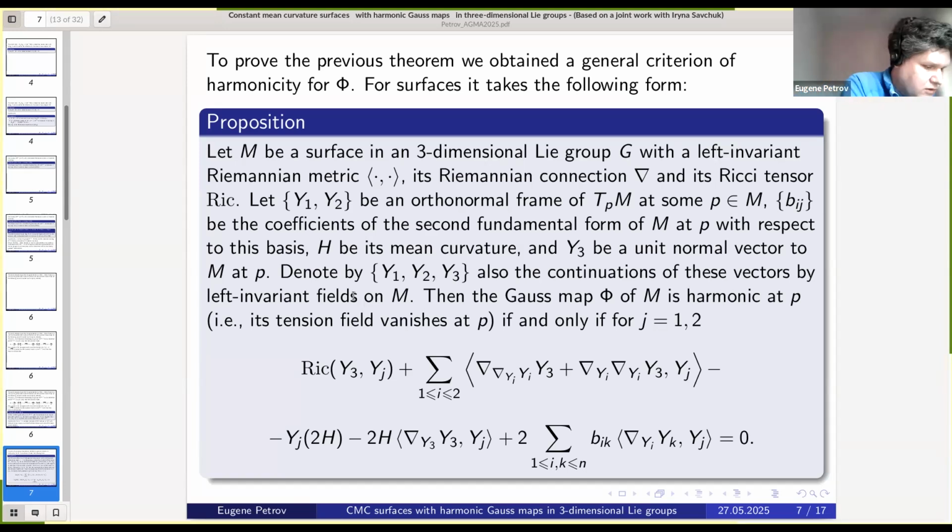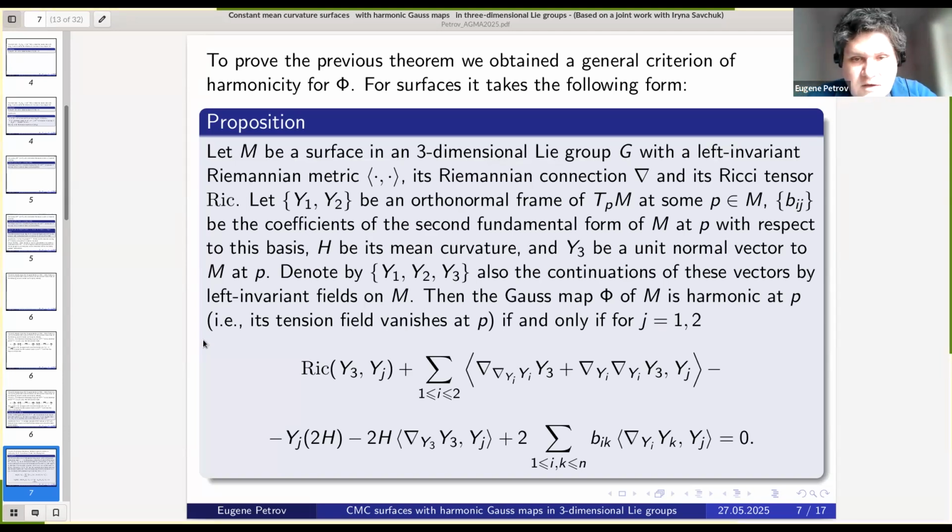So we can note on M, and in a sprint on G, that we can continue by a field defined on G. And so we can, in particular, compute covariant derivatives of these fields with respect to these other fields.